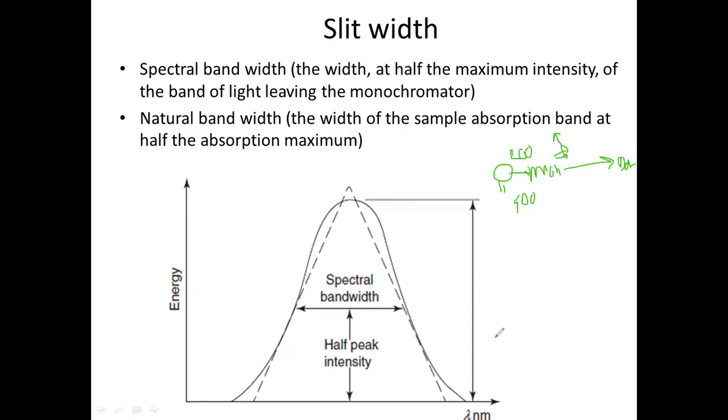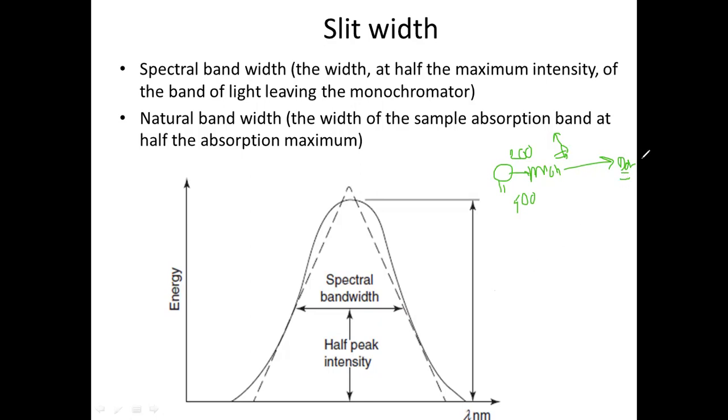Whenever you measure the light being emitted, going through the monochromator and then directly falling onto the detector, this data will be helpful in measuring spectral bandwidth.